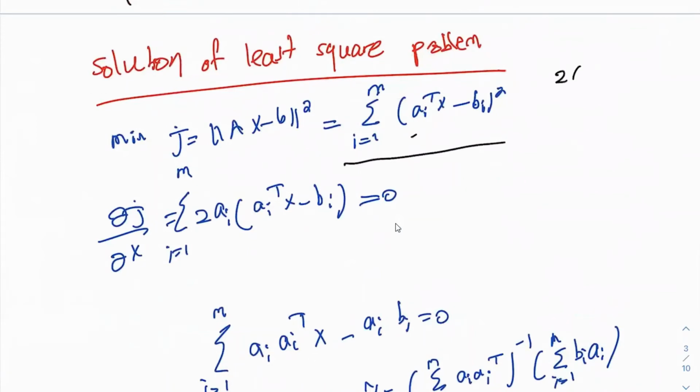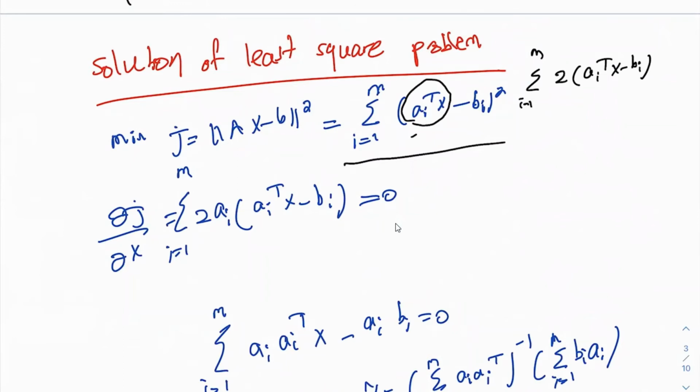You're going to have 2 AI transpose X minus BI, right? Then, of course, we have a sigma here from 1 to M, but then wait. These quantities, each one is a scalar, right? We need to know also that using chain rule, what's the derivative of this term with respect to X? What would that be? It would be AI, right?